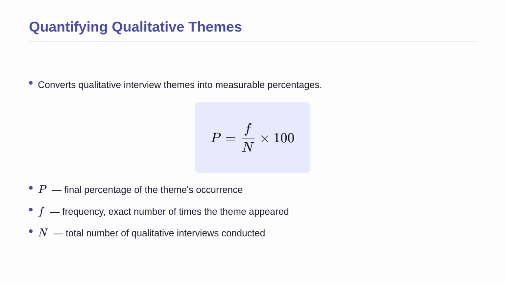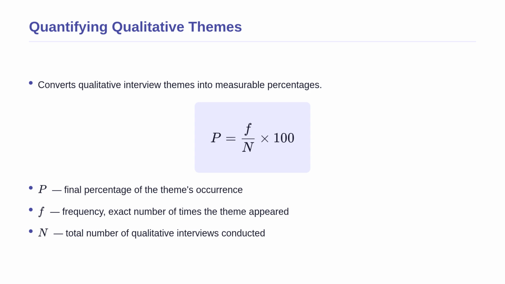To bridge this gap between words and numbers, researchers often convert qualitative themes into quantitative percentages. This formula comes from the concept of relative frequency, allowing us to quantify subjective human experiences. Let us break down the symbols. The variable p represents the final percentage we are calculating.